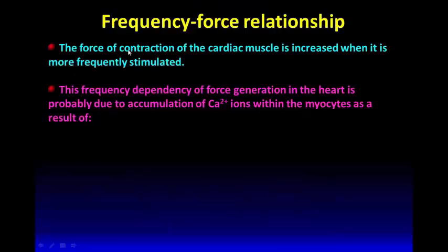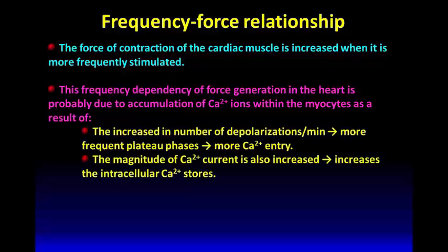Thus, the force of contraction of the cardiac muscle is increased when it is more frequently stimulated. This frequency dependency of the force of contraction in the heart is probably due to the accumulation of calcium ions within the myocytes, as we have just described.